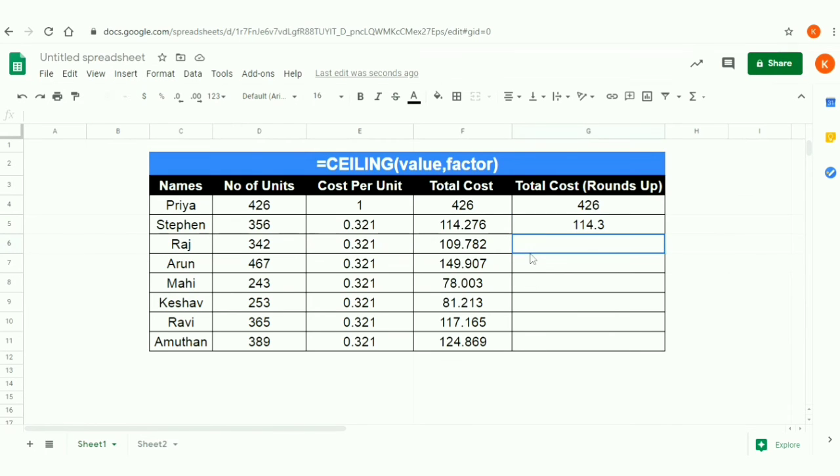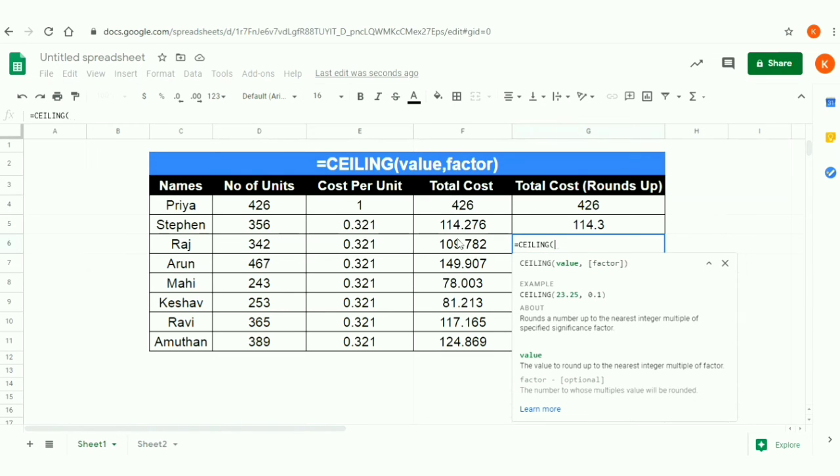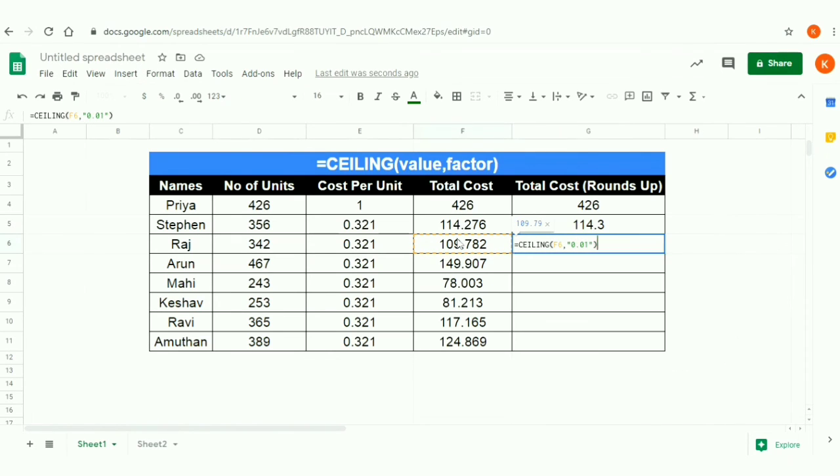And if you go for the next example, CEILING of total cost, and here the factor value I am providing as 0.01, and the value I have has 3 decimal places, that means .782 is considered as 0.79.